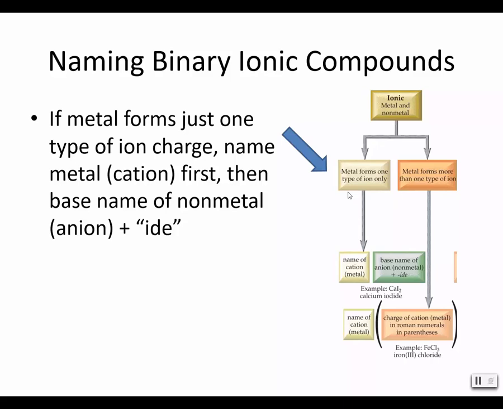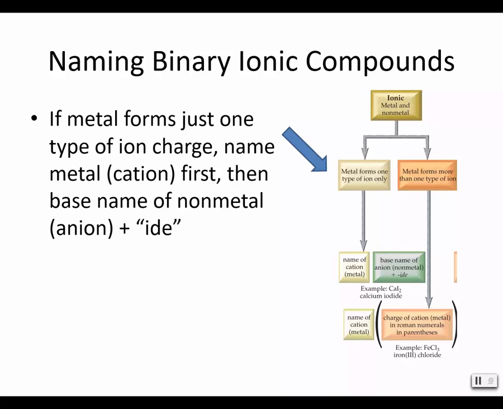But let's say you determine that it is a metal that forms just one type of ion, like sodium or calcium. Once you determine that, then you name the molecule by just naming the metal from the name on the periodic table, like sodium or calcium.